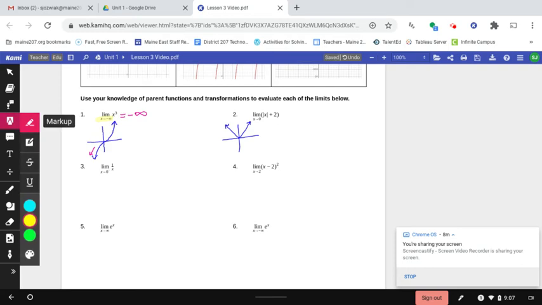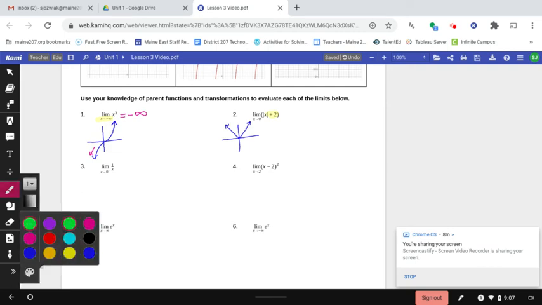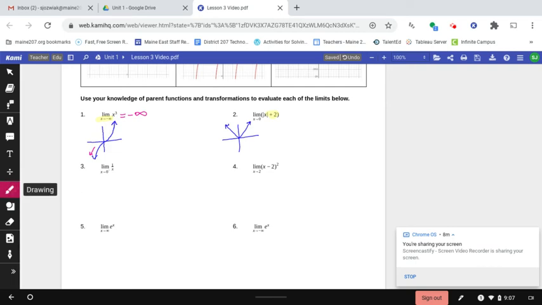However, this isn't the parent function. This has that plus 2 on the outside, which means we're now looking at shifting our graph up 2. So we're going to take this v and move it up like this.